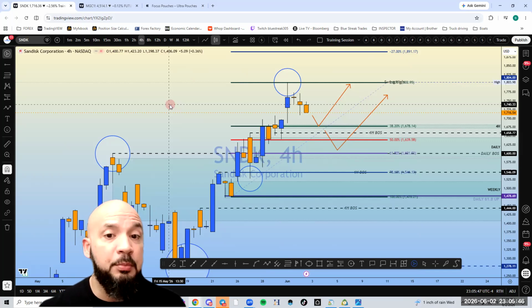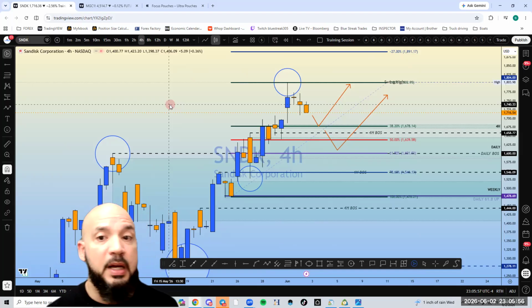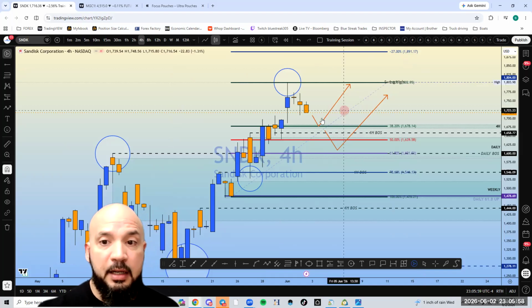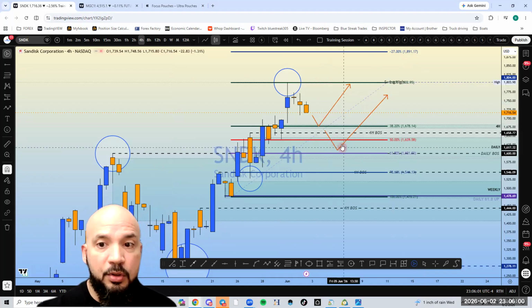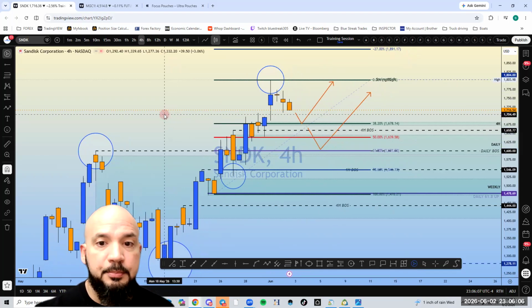And the final step would be waiting, in this case for long, if I wanted to go long, for bullish confirmation candles or engulfing patterns that it wants to continue back to the upside in either this area or this area. That's what I would be looking for. Just like that.